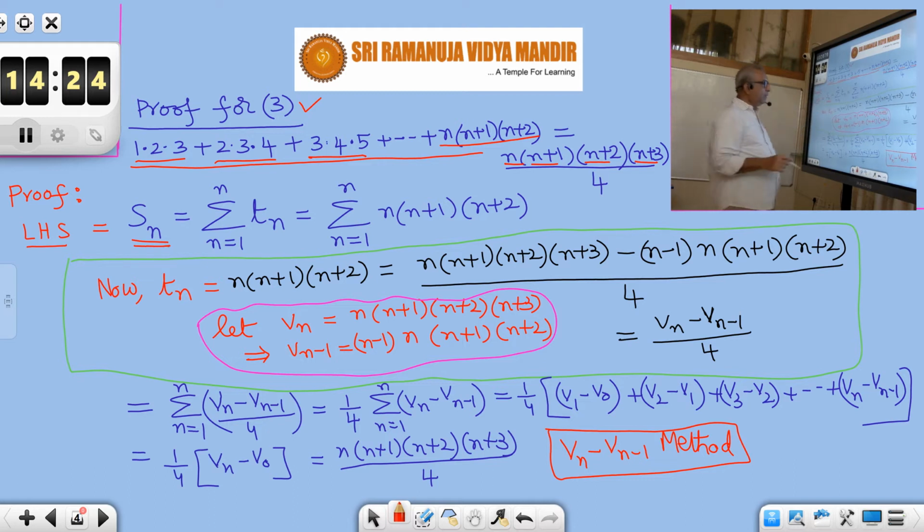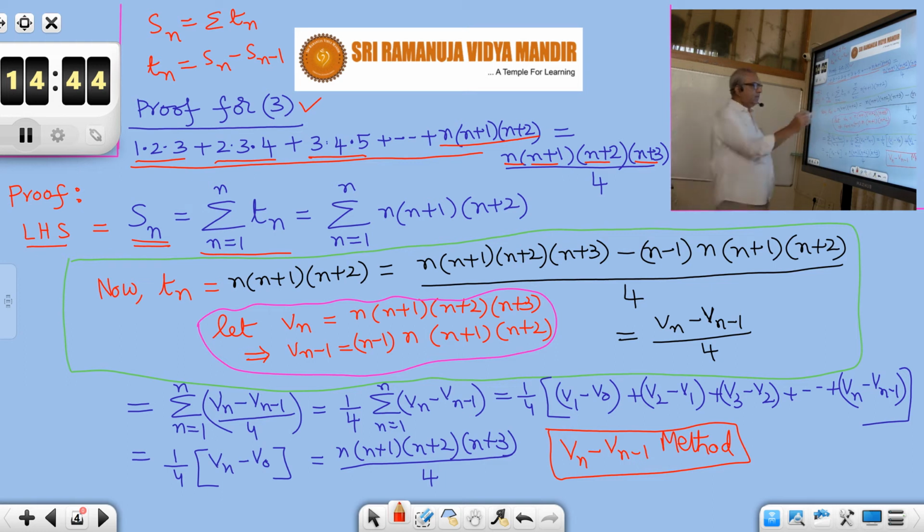But Sn we have an important formula. It is equal to sigma Tn. This is very, very important. These two formulas I have explained earlier. Sn is equal to sigma Tn and Tn is equal to Sn minus Sn minus 1. These two are very important.